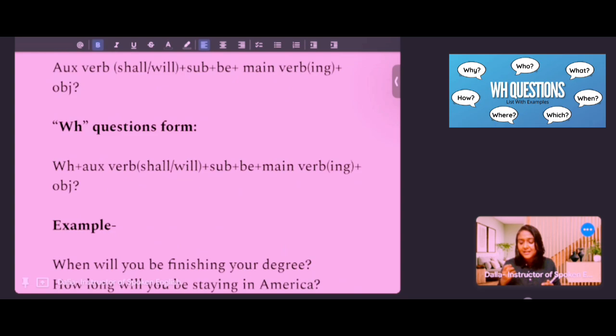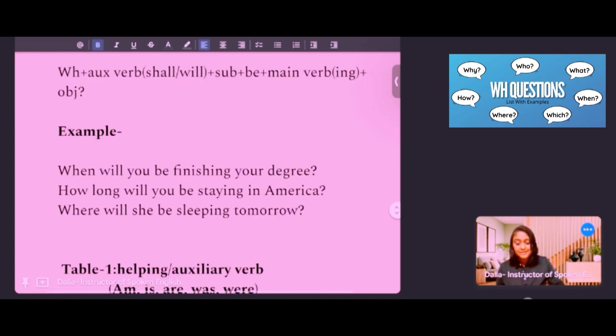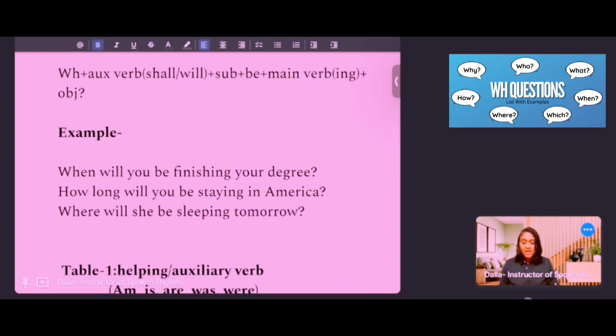So now look here. First the WH word, plus the auxiliary verb shall or will according to the subject, plus be, plus the main verb with ing, plus the object or the rest of the sentence. Okay, clear? Now look at some examples.